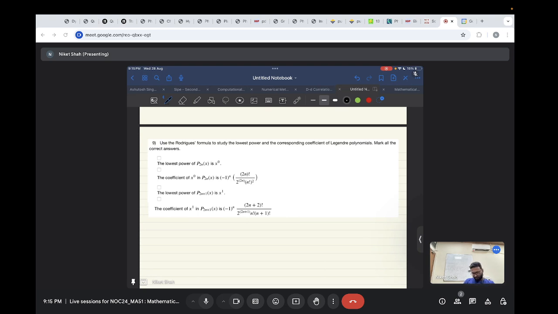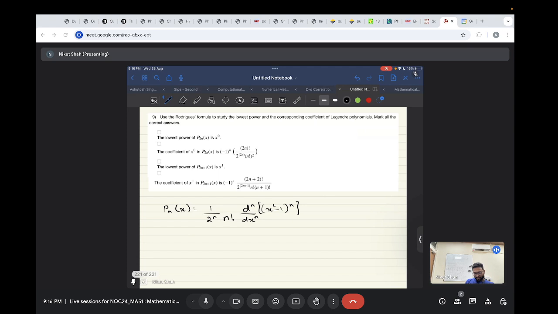Pn of x, this is the basic general Rodriguez formula, 1 upon 2 raised to power n into n factorial multiplied by dn by dxn of x square minus 1 raised to power n. This is the nth derivative of x square minus 1 power n, and there is some normalization coefficient in front of it. So this is your Rodriguez formula.